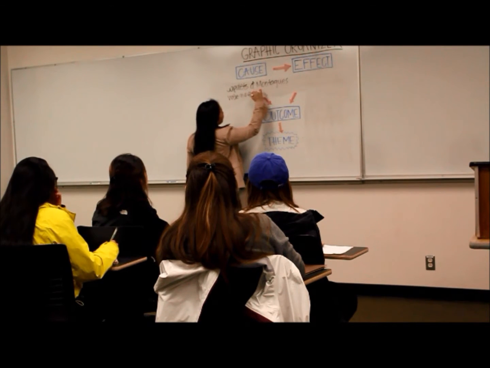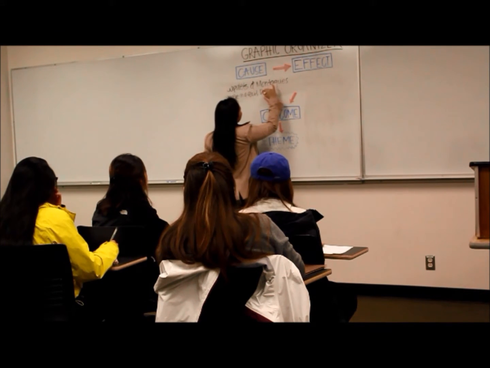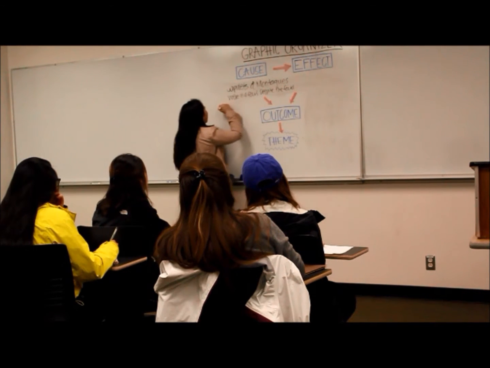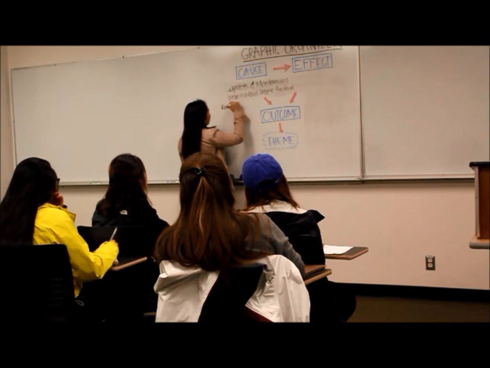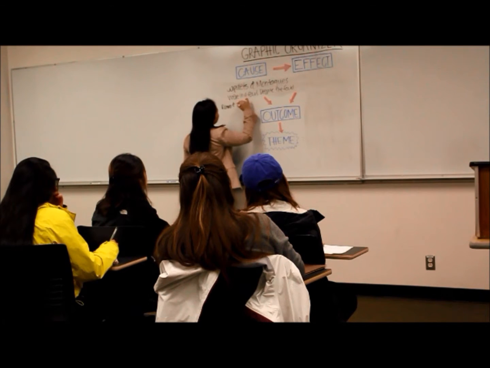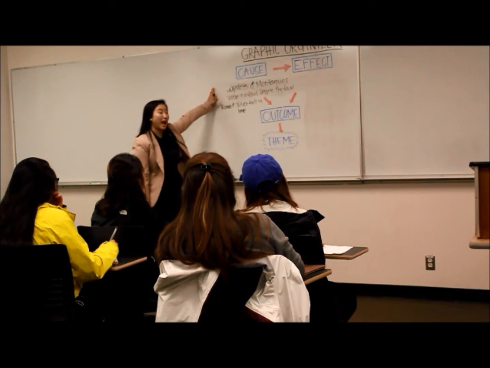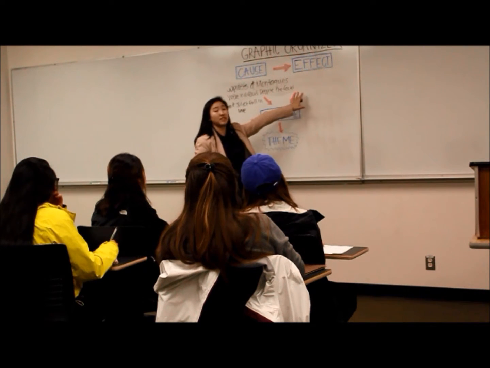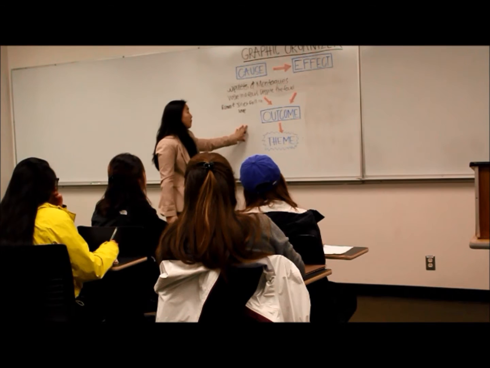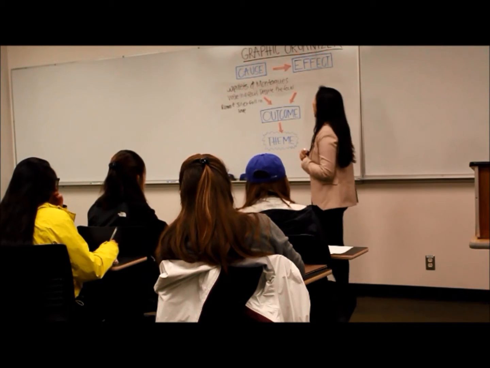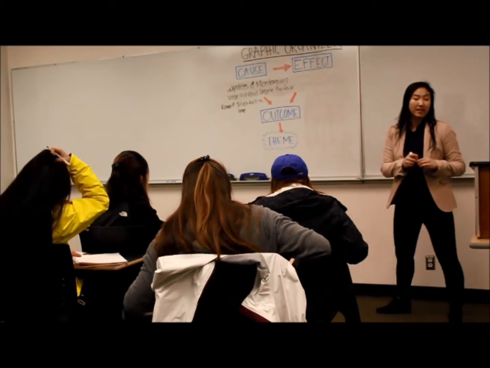But, despite the feud, what happened? Romeo and Juliet still fall in love. Yes, Romeo and Juliet fall in love. Okay, so now that I've given you the cause, I want you guys to work together to think of the effect and the outcome. Okay, I'll be walking around if you have any questions, and you may begin now. You have 3 minutes to work together.